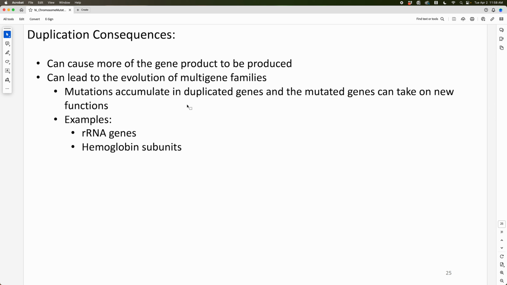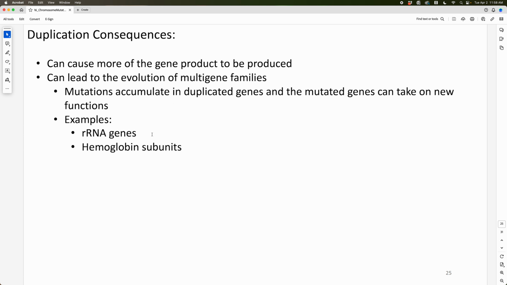If you have a gene duplication event as a result of a chromosome duplication event, the original gene is preserved and so it can carry out its necessary function. The copy of that gene is not as necessary for the survival of the individual, and so mutations can accumulate in those copied genes, allowing them to take on new function.